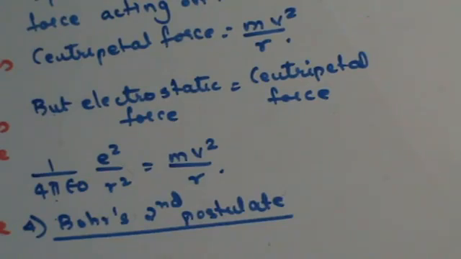Only if it is an integral multiple of h by 2 pi can it move around the nucleus without absorbing or radiating energy, which is synonymous to a car moving in neutral gear. When a car is moving in neutral gear, it is not consuming any energy from the petrol tank, it is just moving on inertia. So exactly synonymous example is that.